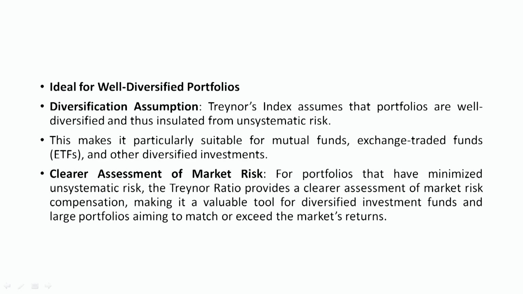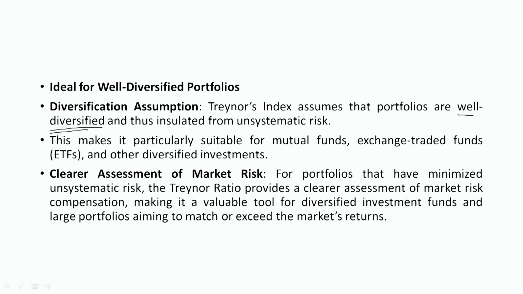This is considered to be ideal for well-diversified portfolios. And what do you mean by well-diversified portfolio? It is nothing but you are trying to have more number of securities within your portfolio, and when you have more number of securities within the portfolio, then it is considered to be a well diversified portfolio.